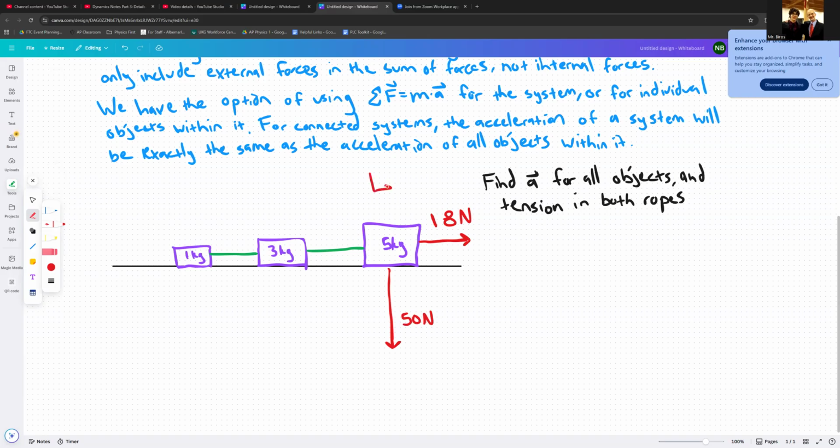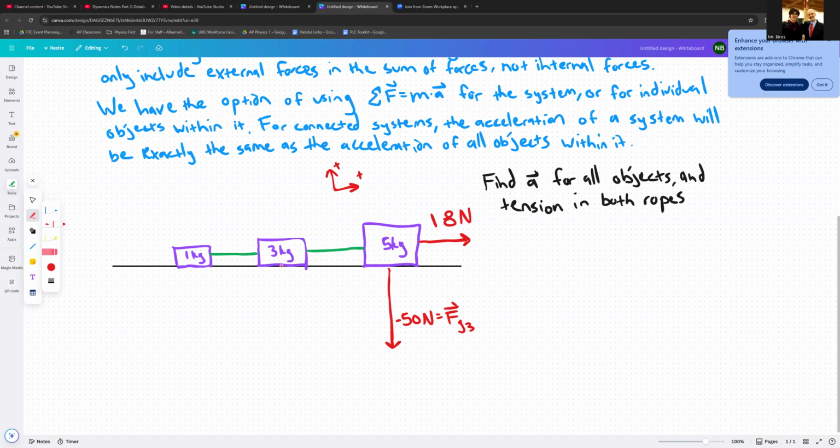So we're going to have positive right, positive up. Move this over a little bit. Okay, so this would be negative 50 newtons. And we could label this as a force like Fg. I'll do Fg3 because it's the third object.